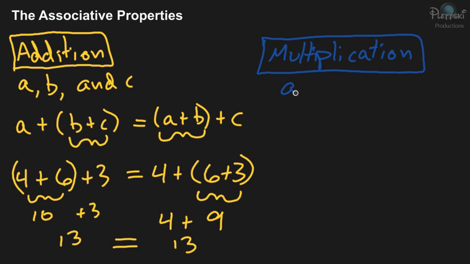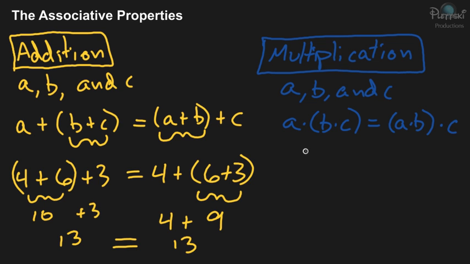So if you have the same numbers A, B, and C, and they're all multiplied together, with no addition or subtraction involved in the expression, you just have A times B times C. That's going to give you the same answer, and it's going to be an equivalent expression as A times B and then times C. So it's not going to matter which order you multiply them in. You're going to get the same answer.